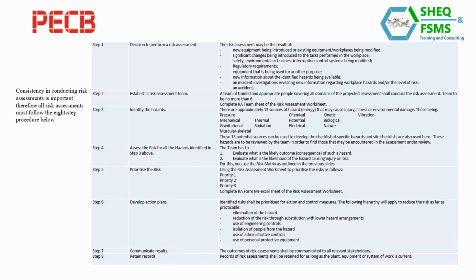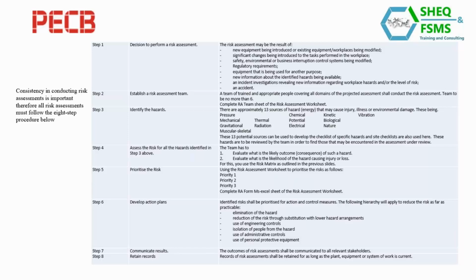Number 3, identify the hazards. There are approximately 13 sources of hazards in the energy sector that may cause injury, illnesses, or environmental damage. These being pressure, mechanical, gravitational, musculoskeletal, thermal, radiation, chemical, potential energy, electrical, kinetic energy, biological, nature, vibration.